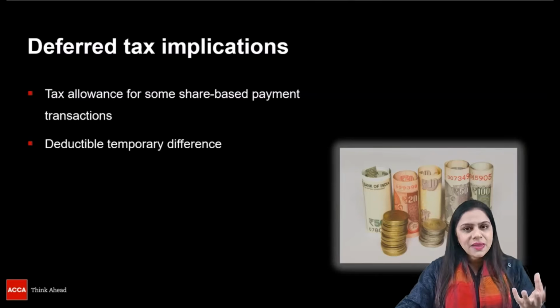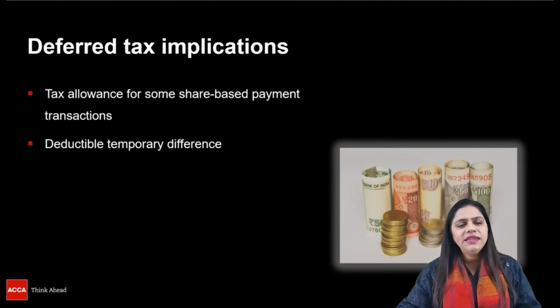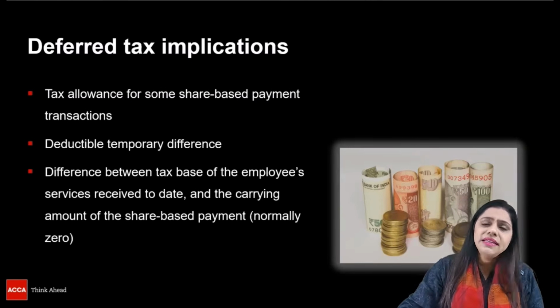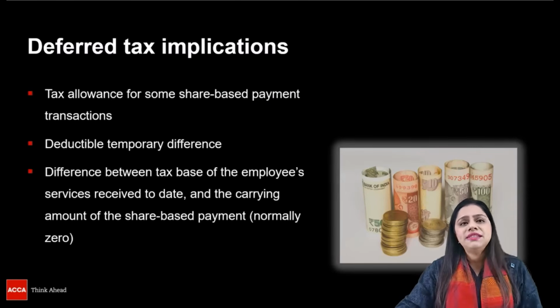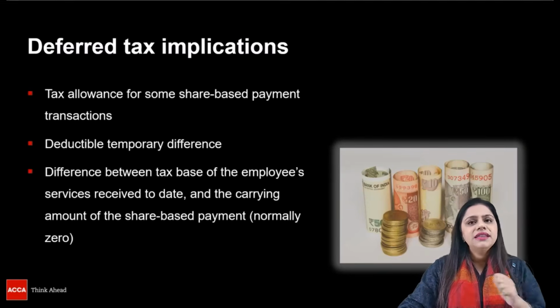Why? Because the expense is being charged in a certain accounting period, and normally the tax benefit is provided when the final settlement is done. Now, in this case, the difference between the tax base of the employee services received to date and the carrying amount of the share-based payment are compared. Normally, the carrying amount of the share-based payment is 0.